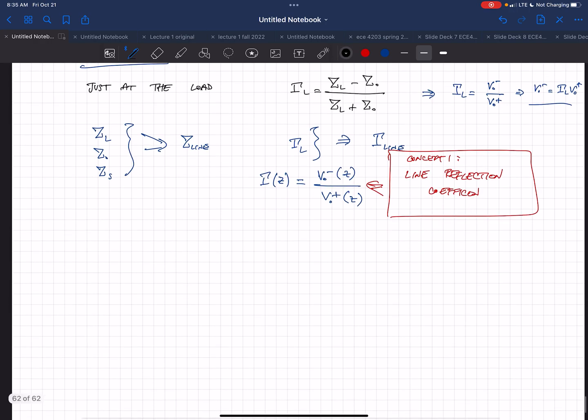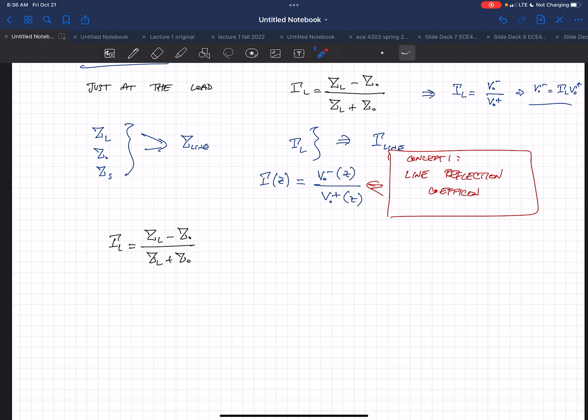Second, I don't know if it's a concept, but it's something to keep in mind: if you look at the load reflection coefficient or any reflection coefficient, that's the equation for it. We've talked about lossy transmission lines, but to make life easy for ourselves, we keep going back to the lossless transmission line.